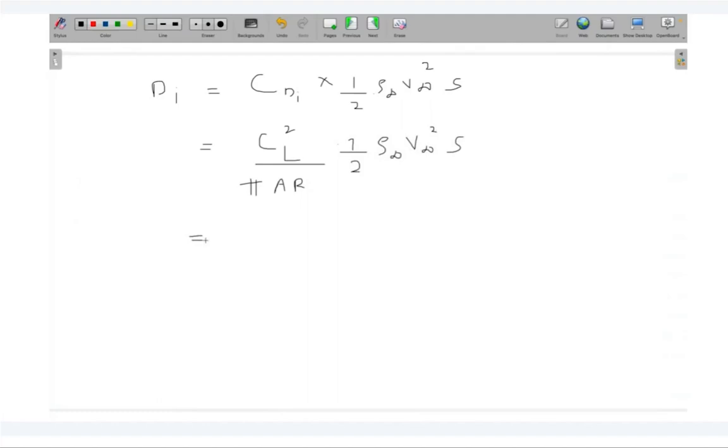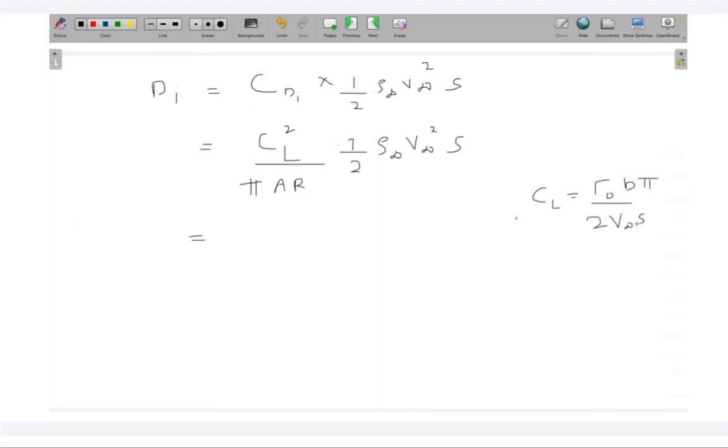And we know that the CL for elliptical lift distribution can be written in terms of the circulation as gamma naught into b into pi by 2 V infinity S. So all these are basically coming from Prandtl theory.